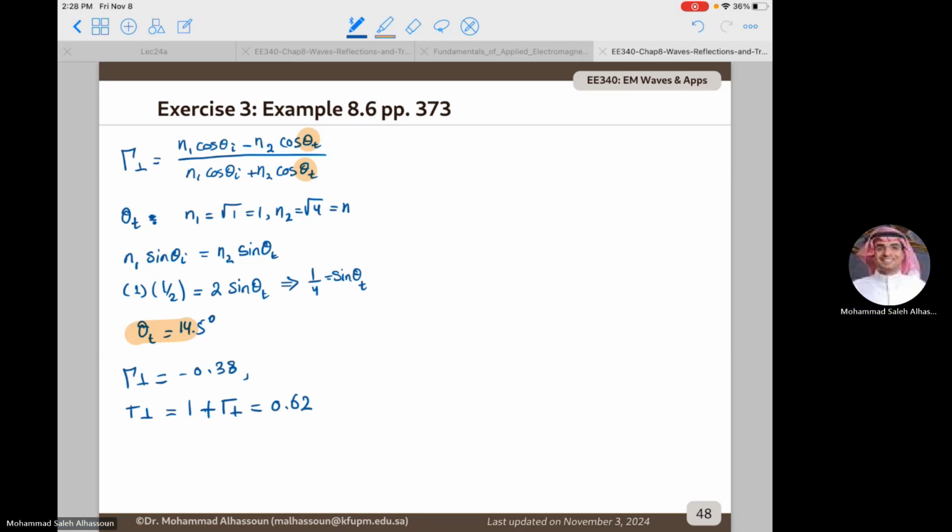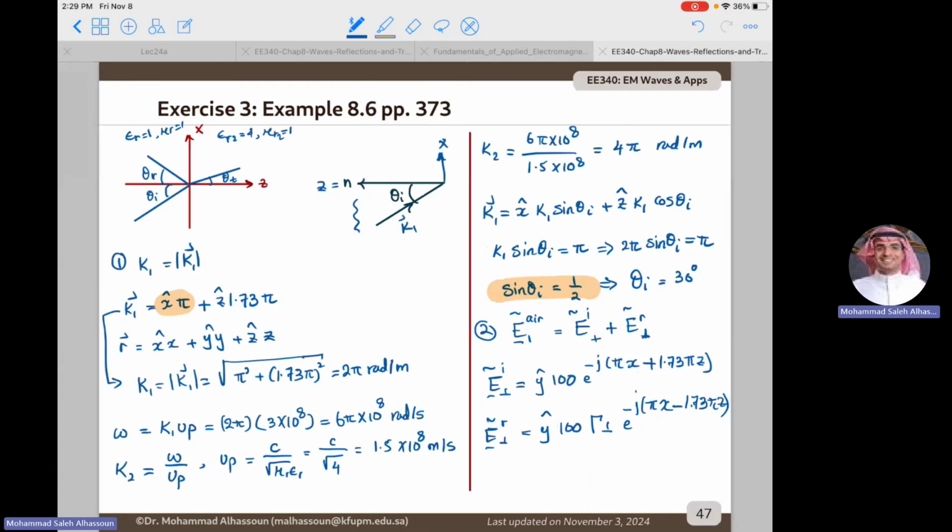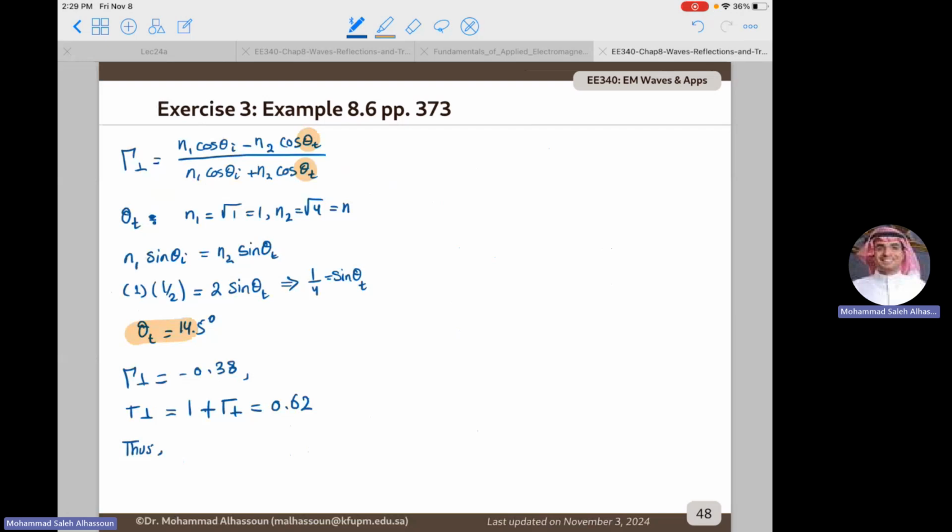Therefore, the reflected electric field is simply 100 multiplied by the reflection coefficient, multiplied with its sign as well. So the reflection coefficient is minus 0.38.